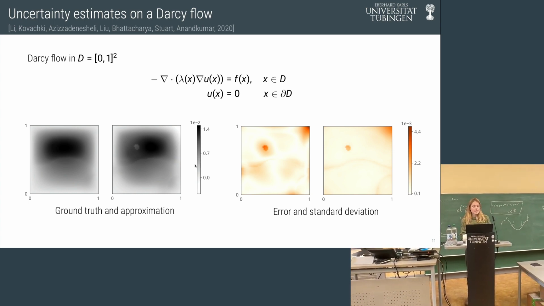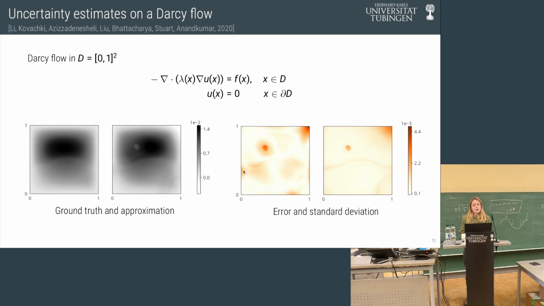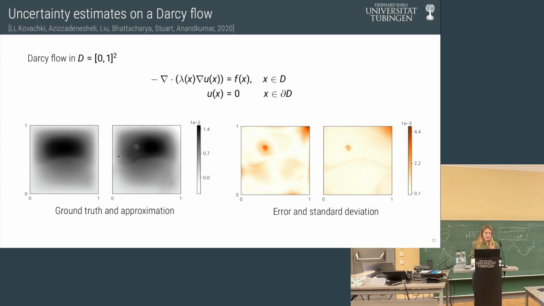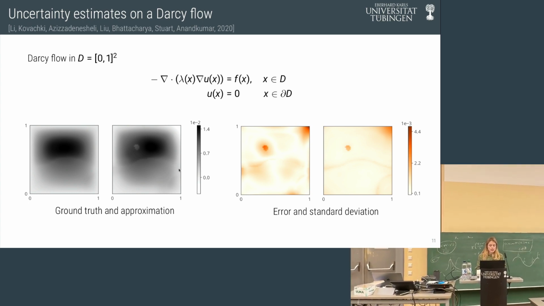What you can see is that this Laplace approximation manages to spot the areas of higher error. So even if these two plots look pretty similar, our uncertainty estimate can quite precisely spot the area of error in this plot.